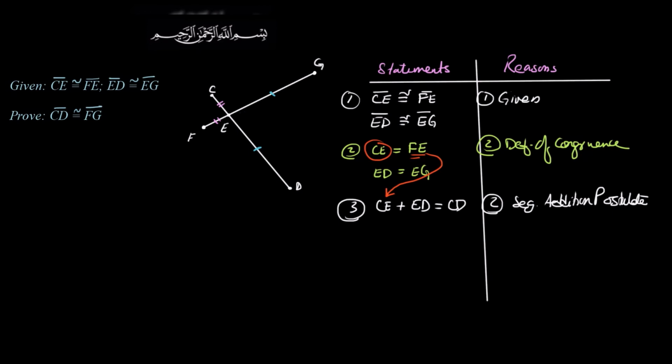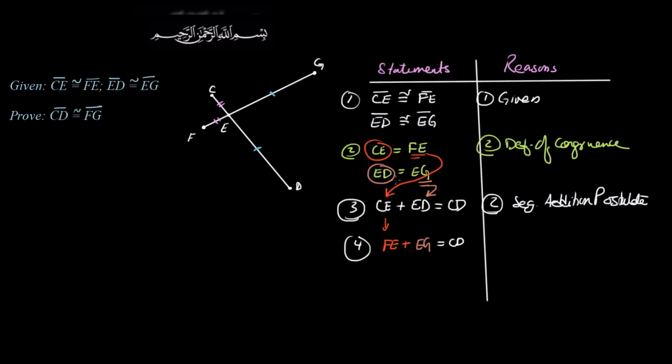I also know that ED is equal to EG, so I can substitute EG in place of ED. So I'm going to substitute FE right here, plus EG over here, in this particular statement that I have written. And I'm going to keep this here.